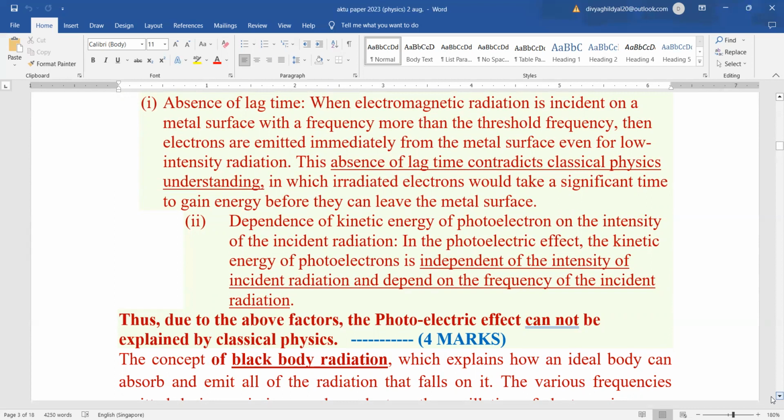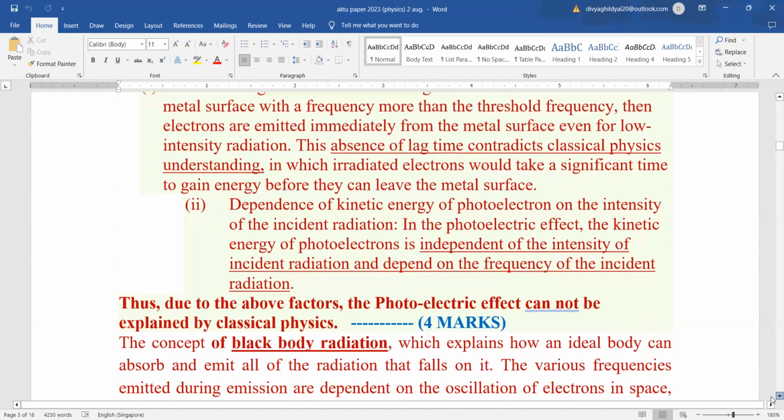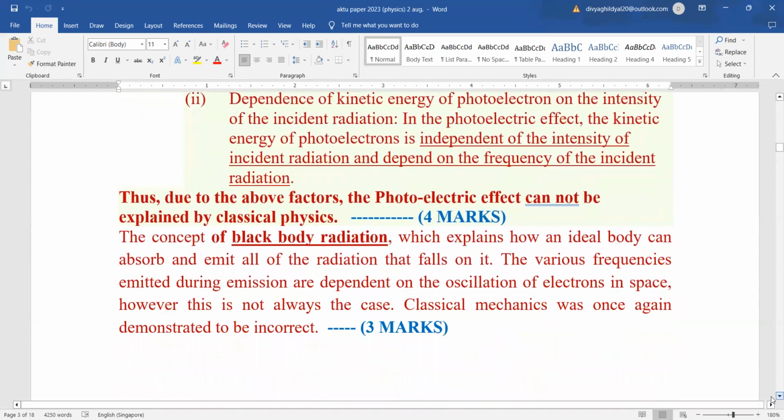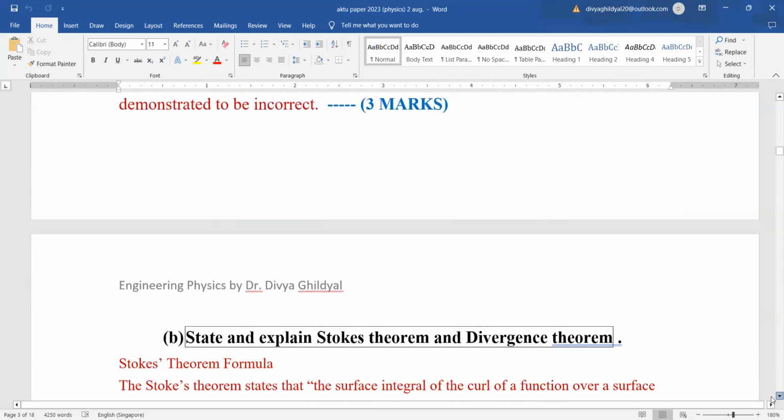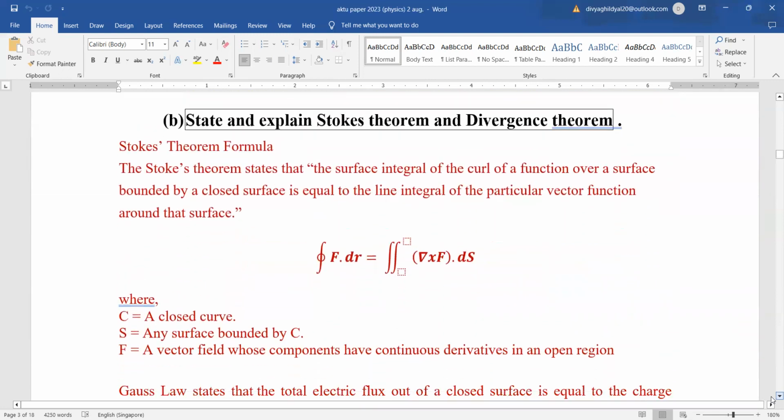This was clarified on the basis of quantum physics. Then in black body radiation, the various frequencies emitted during radiation depend on the oscillation of electrons in space, and classical physics was again failing to explain this concept. That is why quantum physics came into being.